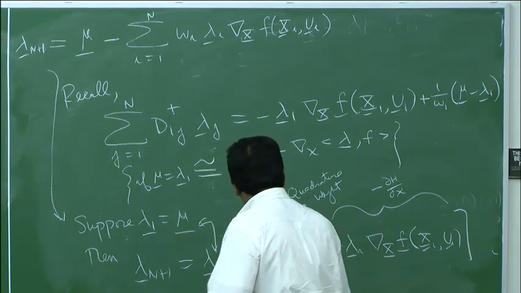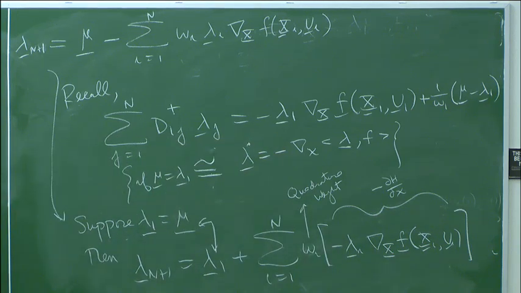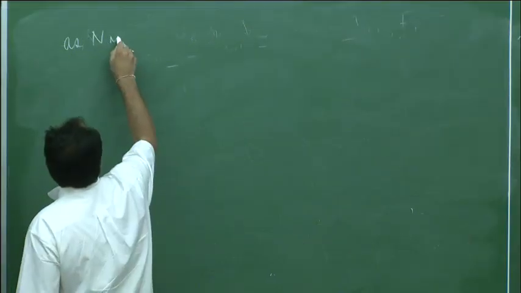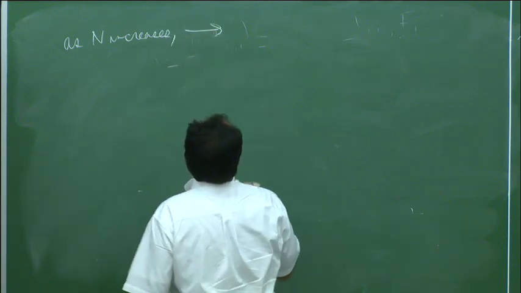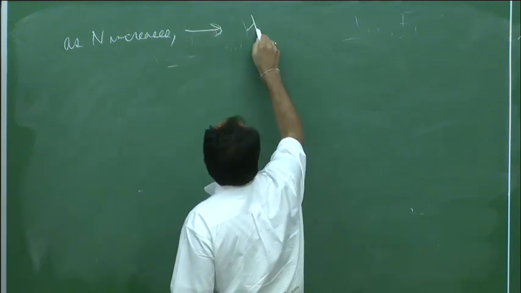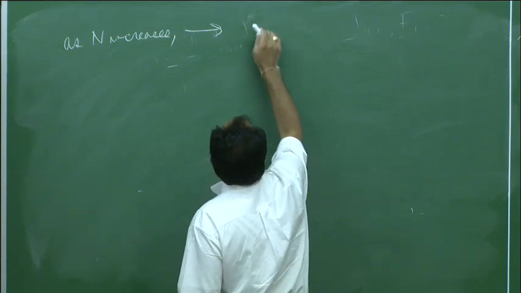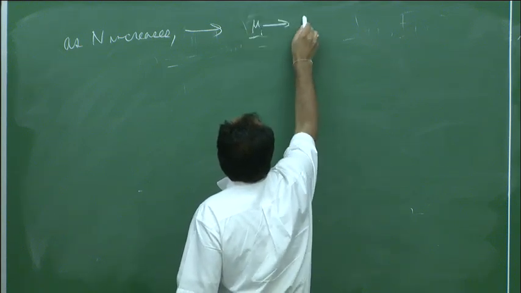Well, it turns out that in the Radau method, it's not exactly true that lambda 1 is equal to mu, but one of the properties that we find is that as n increases, mu approaches lambda 1.